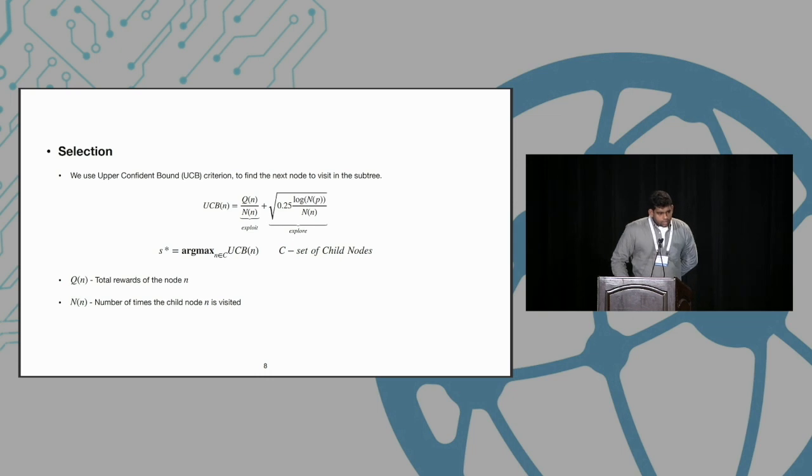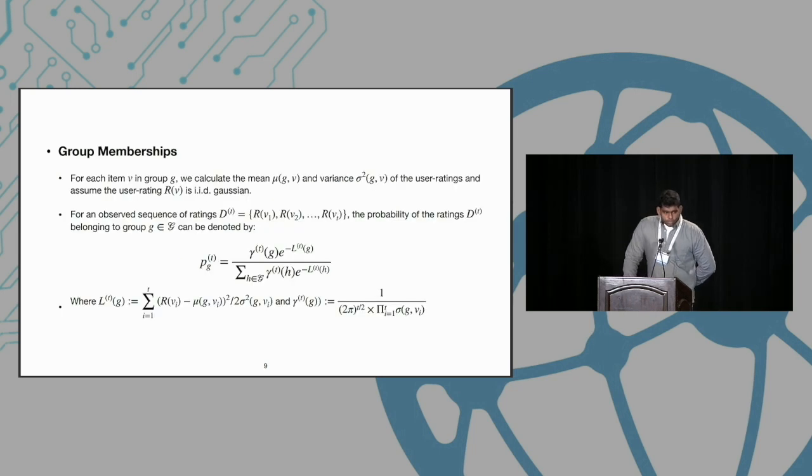In the selection stage of the Monte Carlo Tree Search, we are using the famous upper confidence bound approach. This gives us a balance of exploration and exploitation, where we sufficiently explore or run simulations on all the nodes, and later on we focus on the promising nodes by exploitation. For group memberships, when we have clustered the existing users into different groups, we are able to model the user ratings of a particular item as a Gaussian distribution.